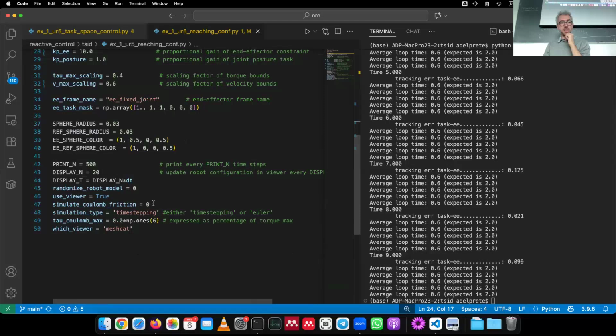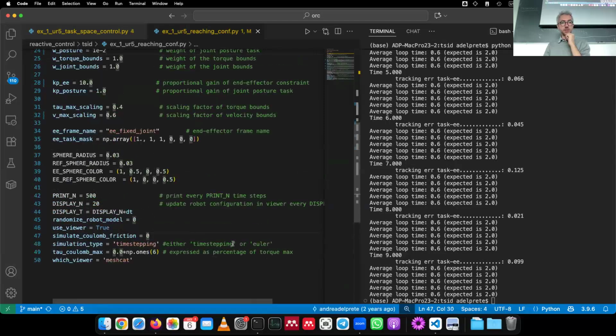Another thing we can play with here is joint friction. So far we haven't introduced joint friction. We can add it as we did last time for the joint space controller. So I set to 1 this flag, simulate Coulomb friction, always in the configuration file.